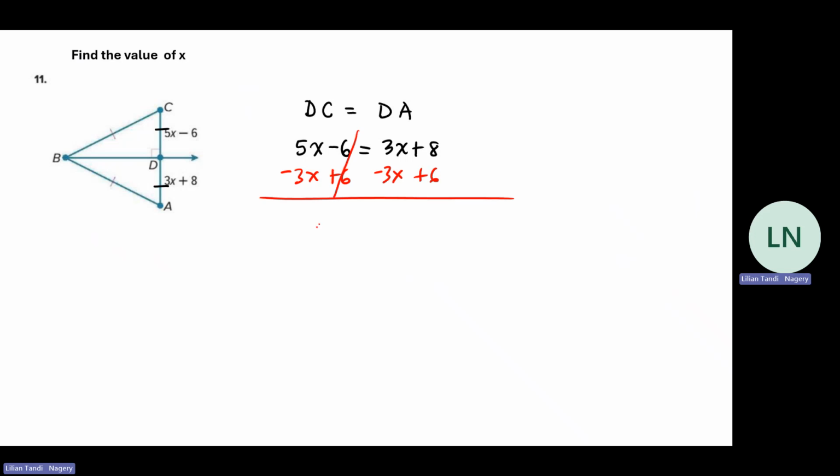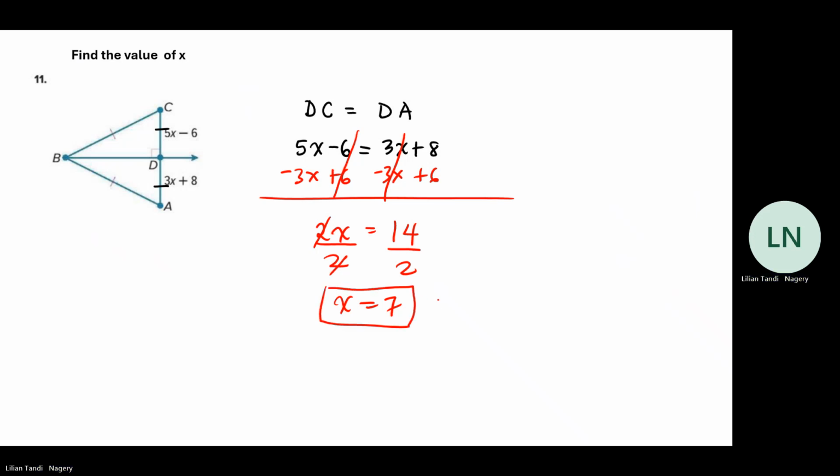So this goes away. 2x equals, no, 14. 8 plus 6 is 14. Then divide by 2, divide by 2, x is 7. And then I write, no, I only want x. So x is 7. Okay?